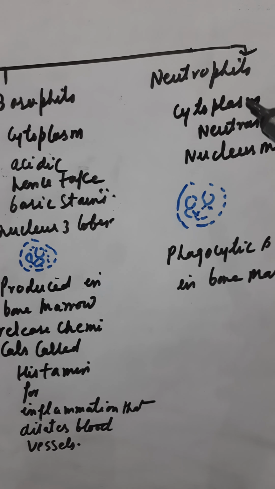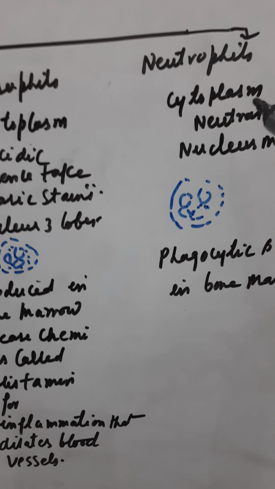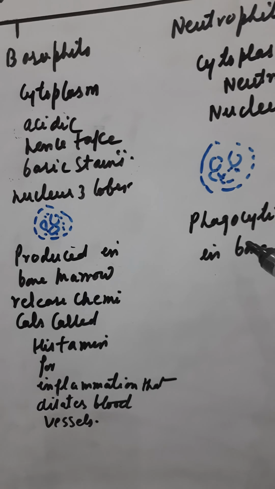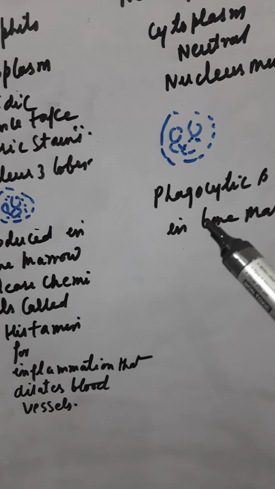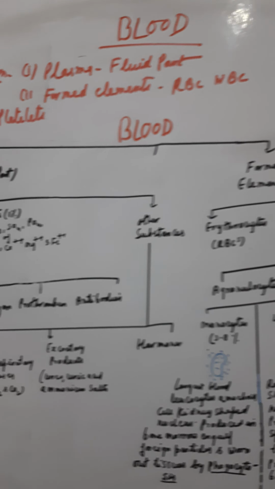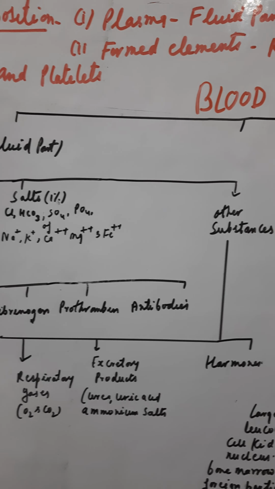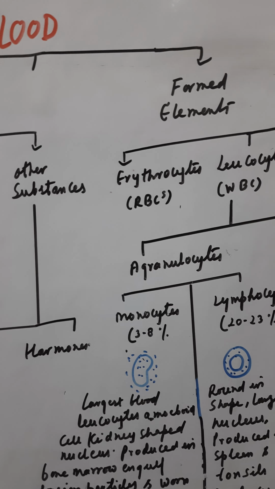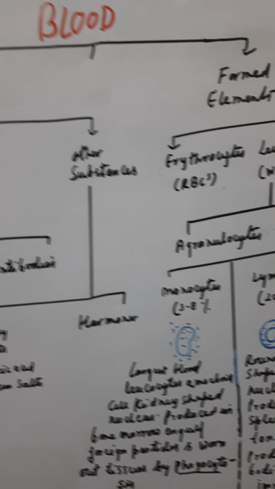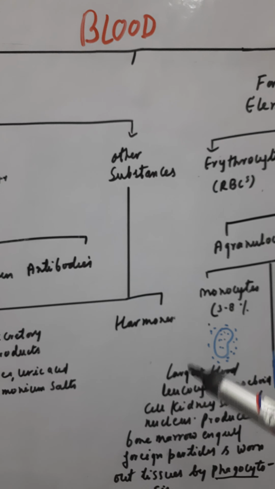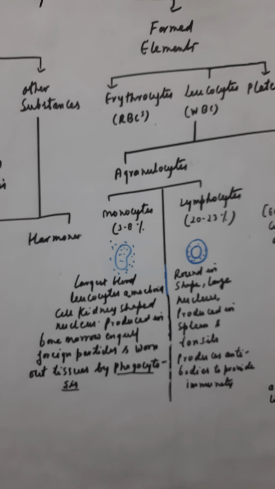Neutrophils have neutral cytoplasm and a multilobed nucleus. They are phagocytotic and produced in bone marrow. So we have done the composition of the blood, that is the fluid part, plasma, and the formed elements, these erythrocytes, leukocytes and platelets, and we have discussed the types of WBC, agranulocytes and granulocytes also.